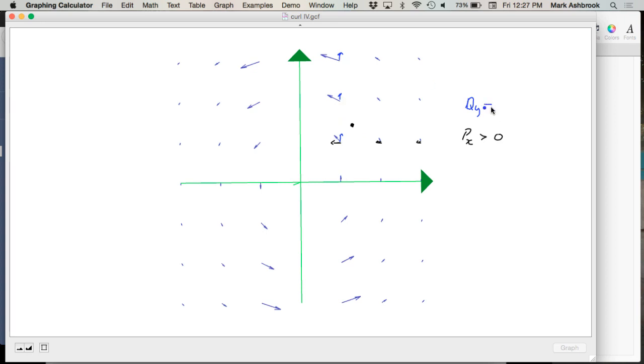It looks like it's about 0, right? So therefore, in the first quadrant, what do we think that divergence is? Positive, right? Because you have a positive contribution from moving left and right, and up and down. It looks like it's kind of staying the same. So we would suspect that in the first quadrant, divergence is 0.